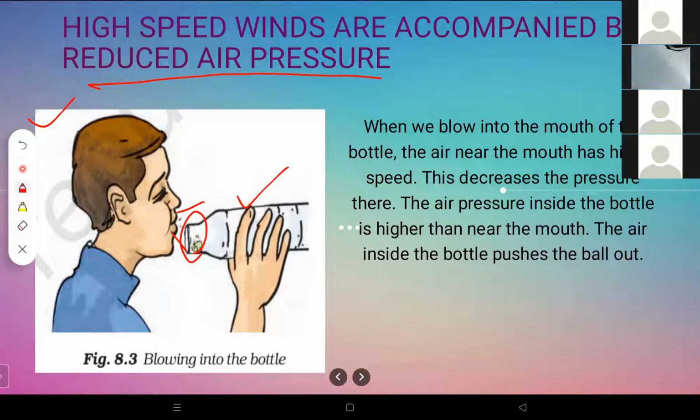Due to high speed, the pressure is decreased. Yes. The air pressure inside the bottle is higher and at the mouth is lower.